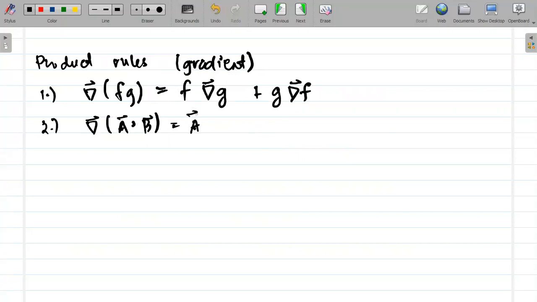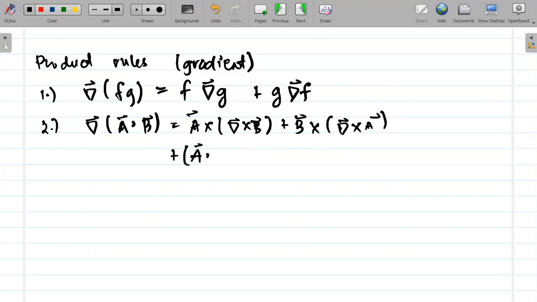So this is A cross del cross B plus B cross del cross A plus A dot del acting on B plus B dot del acting on A. So, di ba ang hirap? Hindi na natin ito i-derive. Binanggit ko lang in case na mag-wonder kayo kung ano ang gradient ng A dot B.